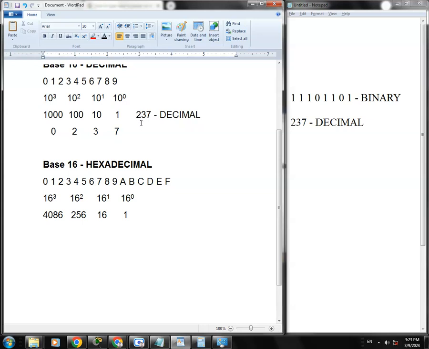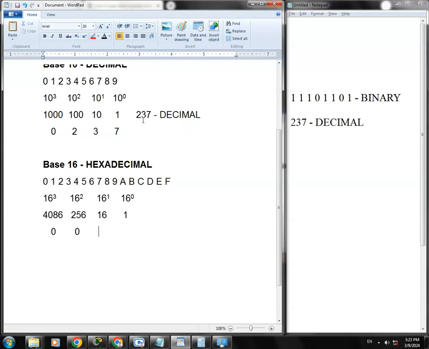The answer is no, so I'll put 0 in here because we don't need 4096. How about 256? Do you think we need 256 to complete the 237? The answer is no, so I'll put 0. And then next, 16.